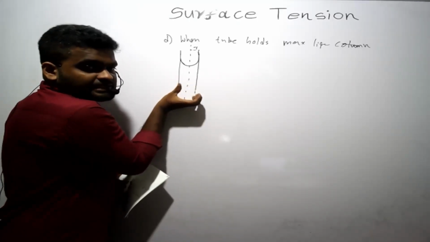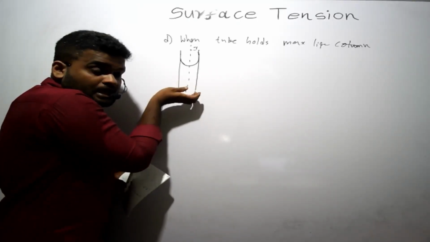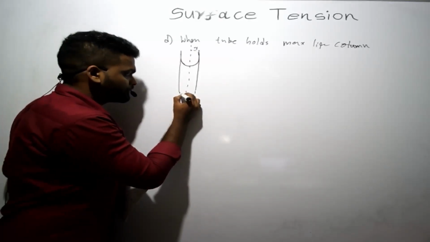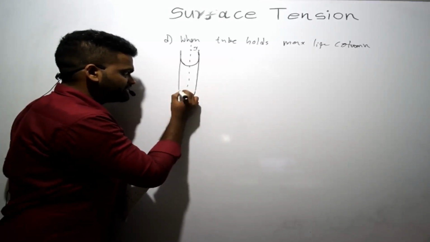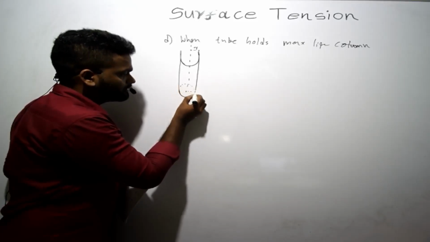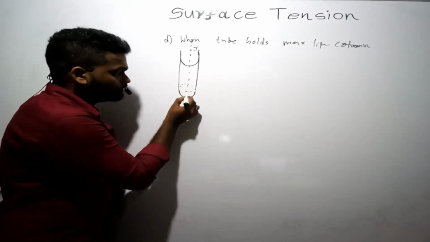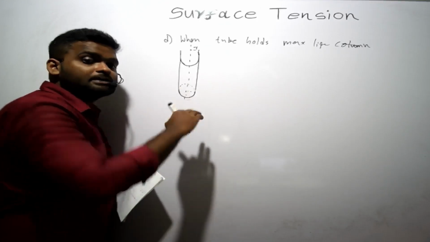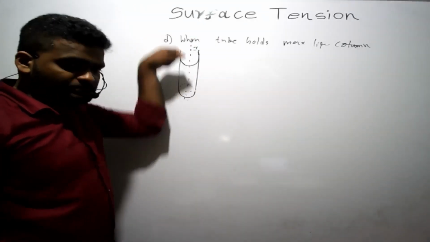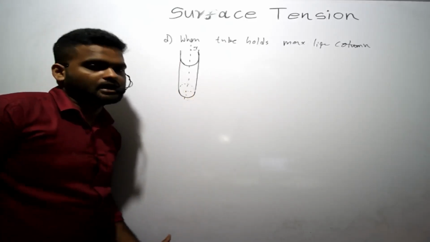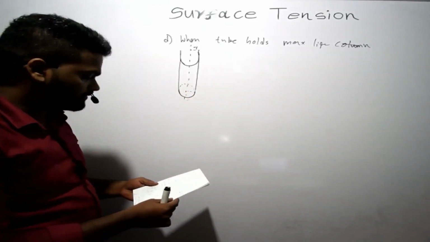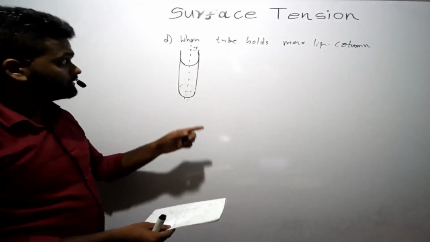Then finally the bottom meniscus became hemispherical, outward. What's the specialty when it becomes hemispherical? Now these two sides have the maximum pressure it can hold. If you put any more liquid, it will leak out of this tube. Okay.